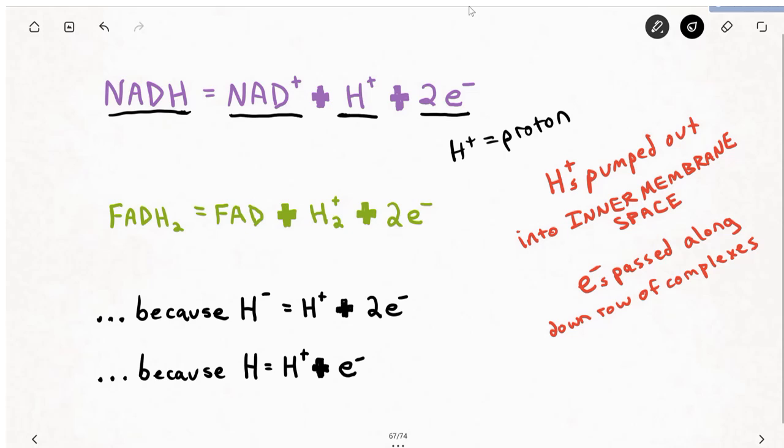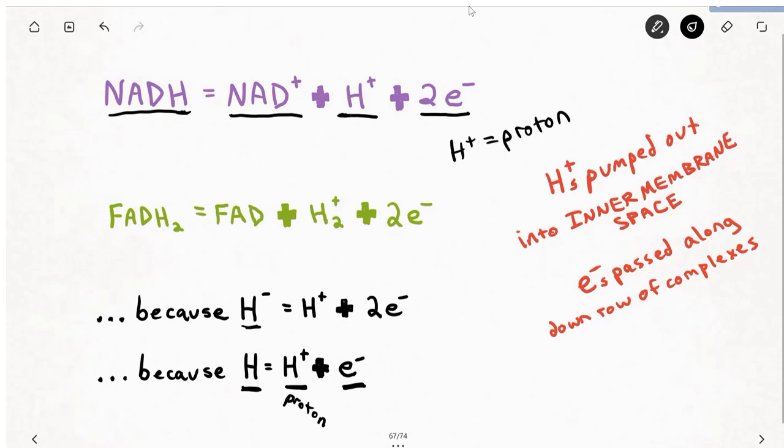And I put down here just as a reminder, if you go all the way down to the bottom of this page, just a regular old hydrogen, H, is a positive hydrogen plus its electron. Because if you have that hydrogen and you take away an electron, it turns into a positive ion, right? So a positive ion of hydrogen is a proton, because it just has that positive proton in it because it lost its one electron.